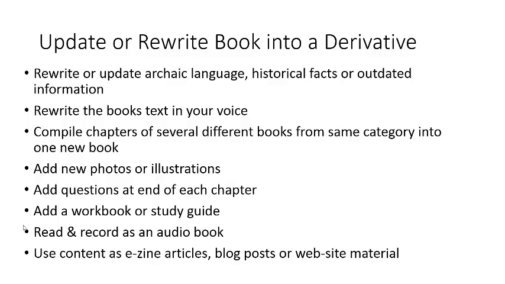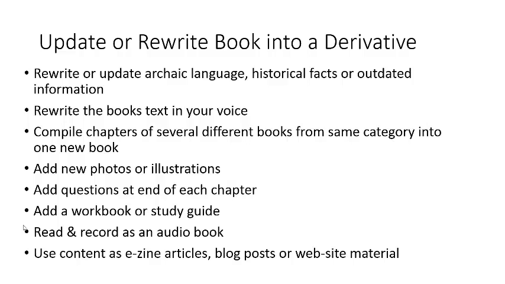A derivative is a work that was derived from an original work, but it's been enhanced, updated, had value added to it, and so it's no longer the original work, but it is a new work that is your publication. The only thing that you can copyright is the information that you add.